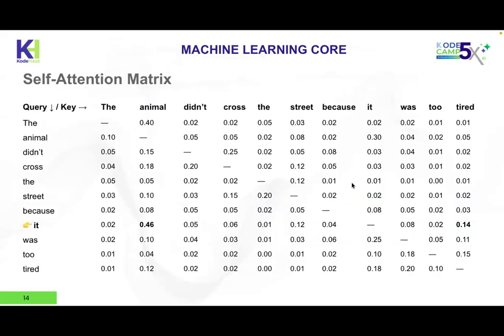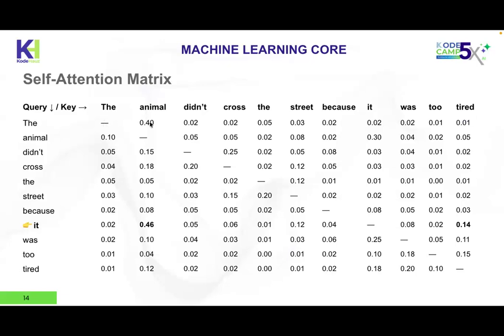So this is an example of a self-attention matrix, where this is the sequence across and it's the same sequence down. The self-attention matrix allows you to see how each word affects the other word.